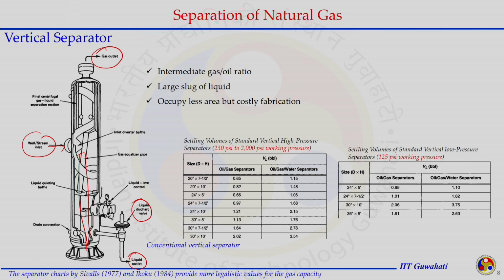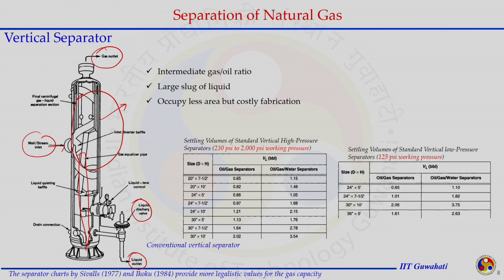There are no chances of gas and liquid contacting again, and this is the disengagement section where, because of disengagement, the small particles or intermediate-size liquid droplets get separated by gravity action.